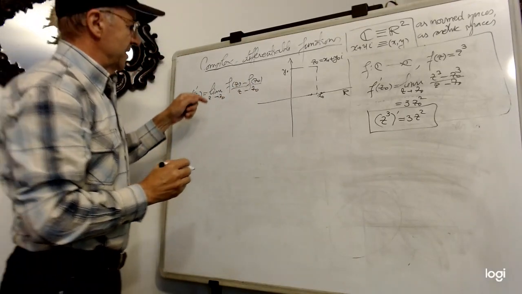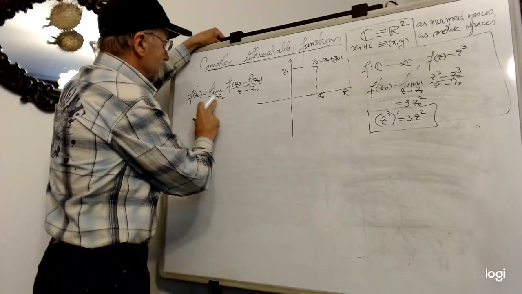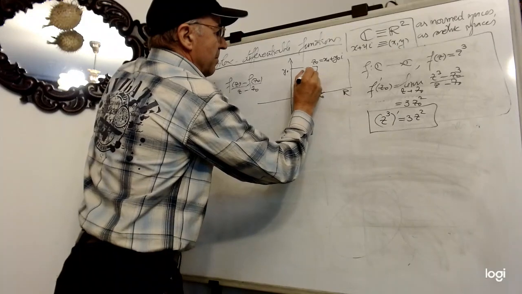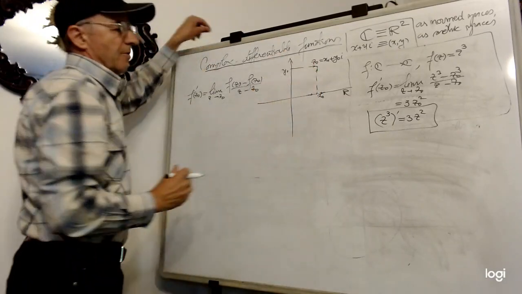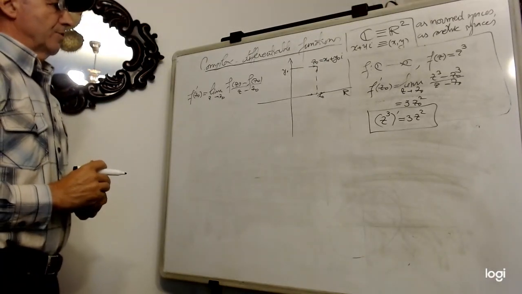We can consider z tending to z0, particularly along a direction parallel to the axes of coordinates.